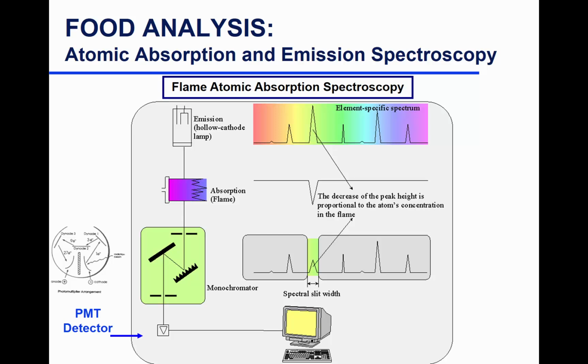And then your detector, oftentimes for AA, atomic absorption, is a photomultiplier tube detector. The photomultiplier, as we explained earlier, just amplifies the signal to enhance sensitivity.